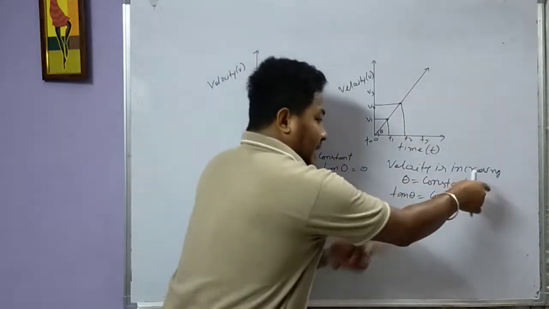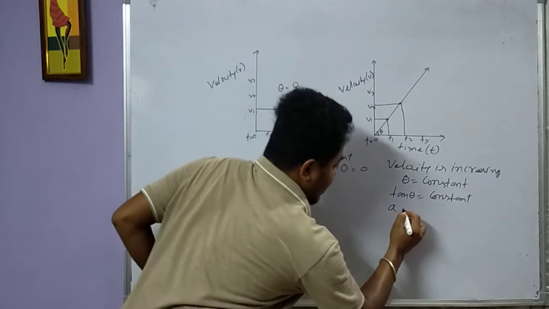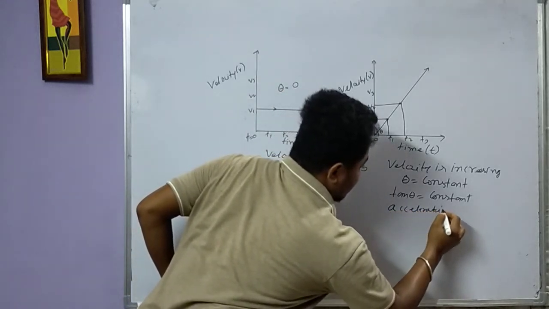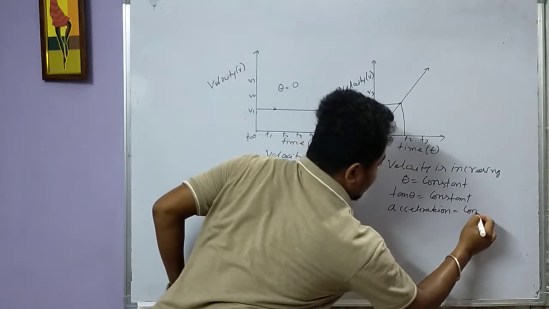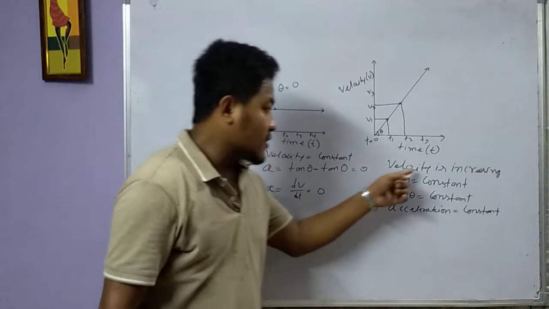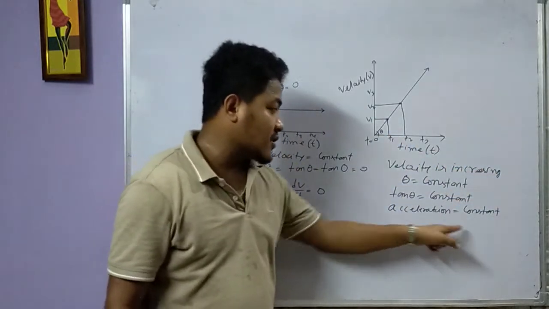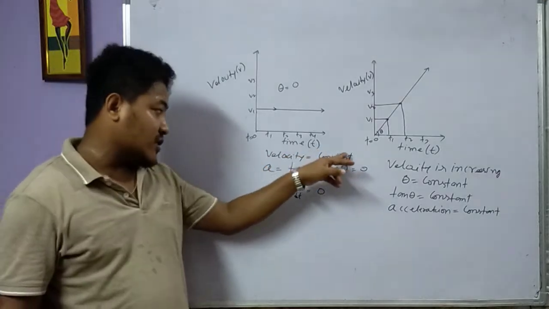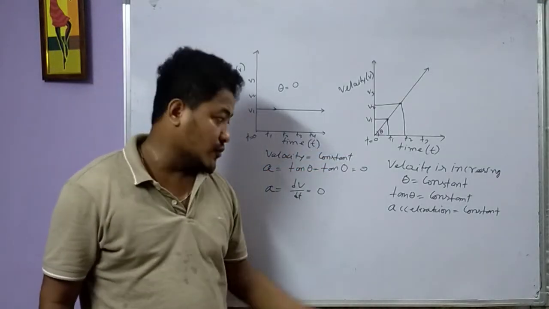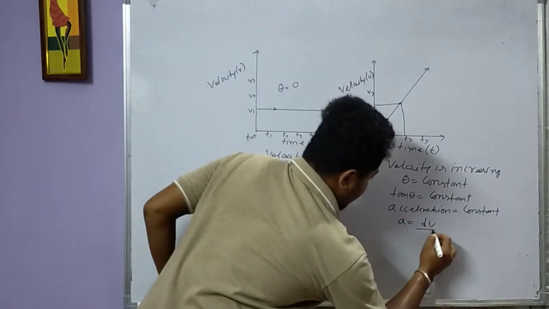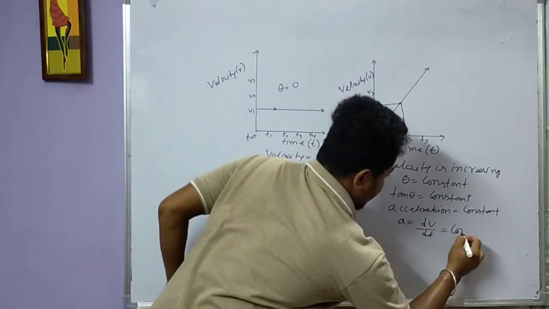Once tan theta is constant, that means acceleration is also constant in this case. That means velocity is increasing, and acceleration is constant. Have you got it? But in the previous case velocity was constant and acceleration became 0. So in this case A is equal to dv by dt, that is equal to constant.